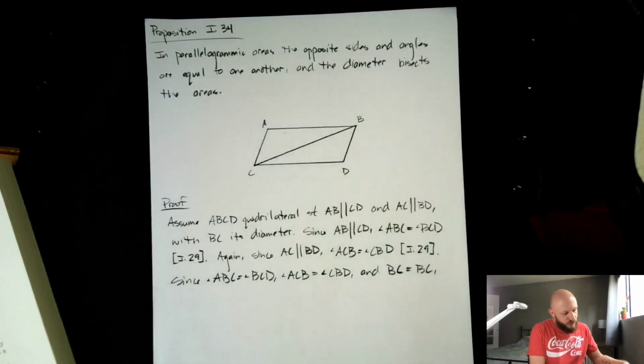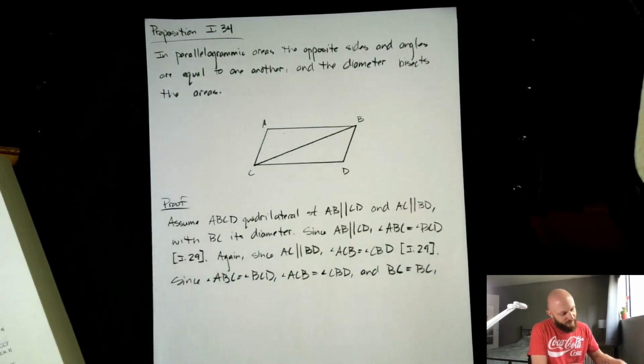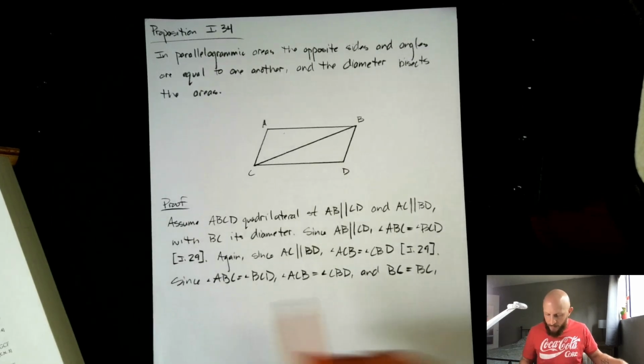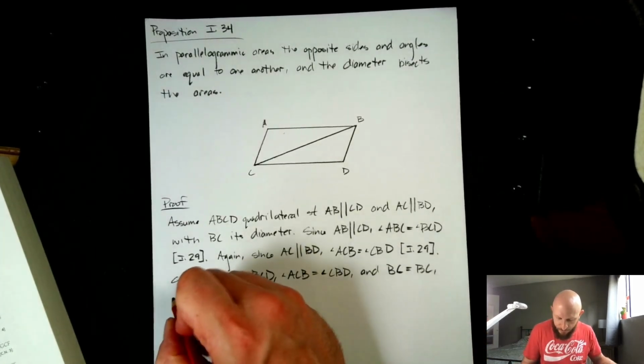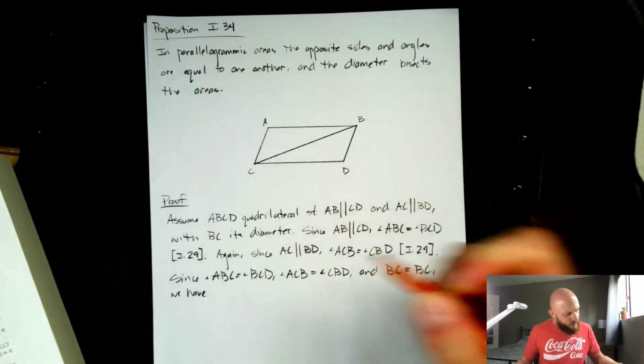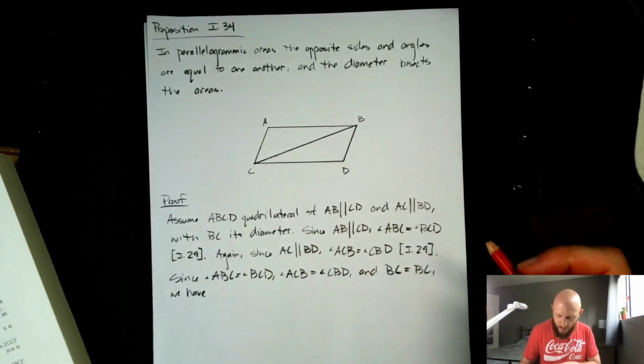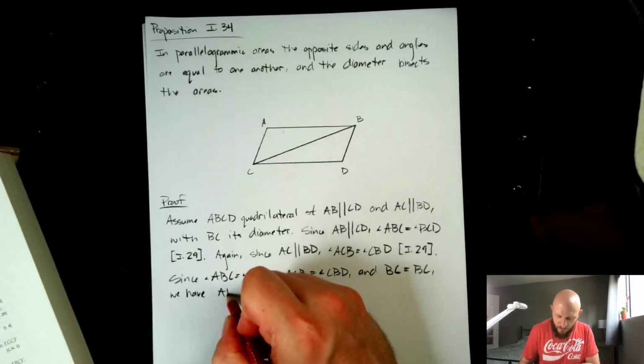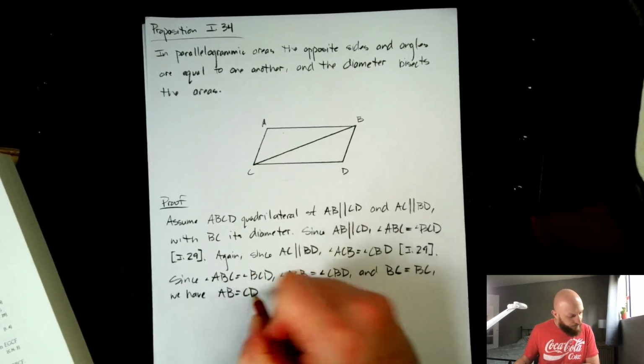The conclusion of Prop 26 is that because we have this angle, side, angle situation, the two triangles will also have the remaining sides equal to the remaining sides, and the remaining angle equal to the remaining angle. So since this is the case, and what does he say? Right. AB equals CD.